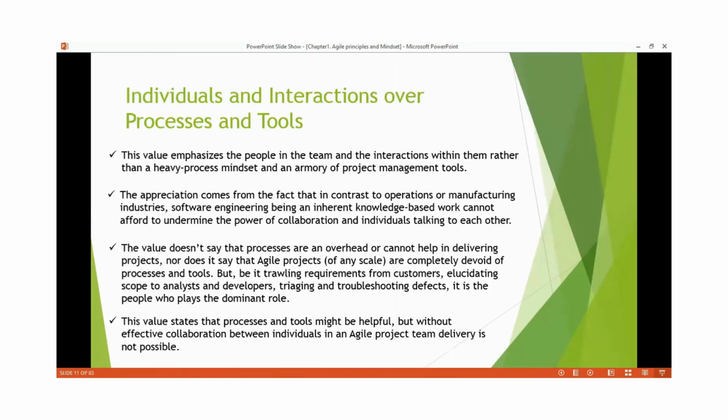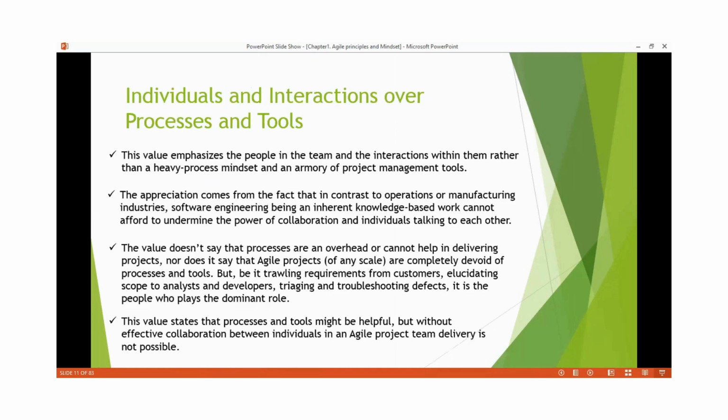So individual interaction, when you look at it, the value here is on the collaboration built between the team, instead of having a heavy process. The operational work is in contrast to a manufacturing industry: software engineering is knowledge-based work, and it cannot afford to undermine the power of collaboration and taking care of each other.